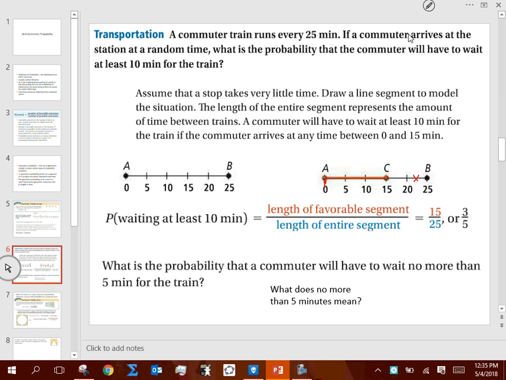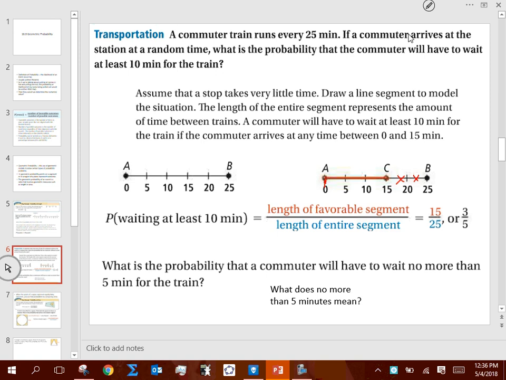If the train shows up at 25, and I'm right there at 22, do I have to wait at least 10? No, I'm waiting 3 minutes for the train now, right? So if I show up right there, I still have to wait less than 10 minutes, so I'm not meeting that requirement of having to wait 10 minutes or more.